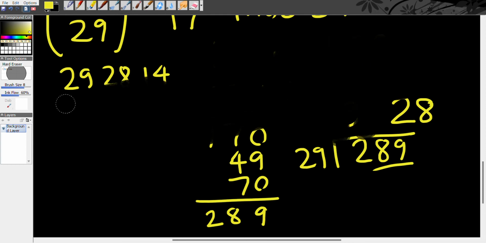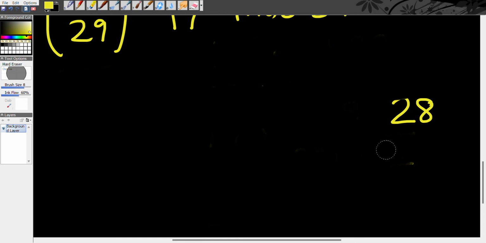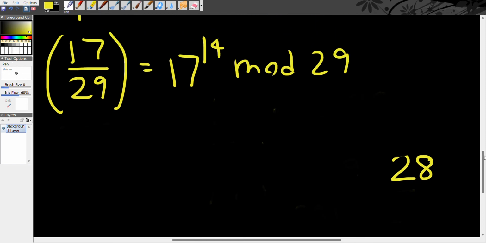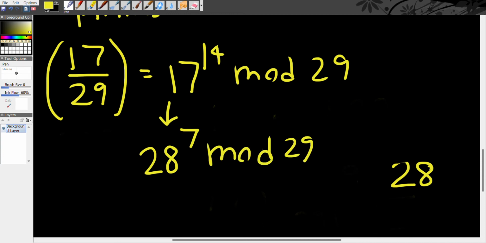I'm going to try to erase as much as possible so I can use all of this area for calculations, but I'm going to leave my 28. And then this is really 28 to the 7th power mod 29.